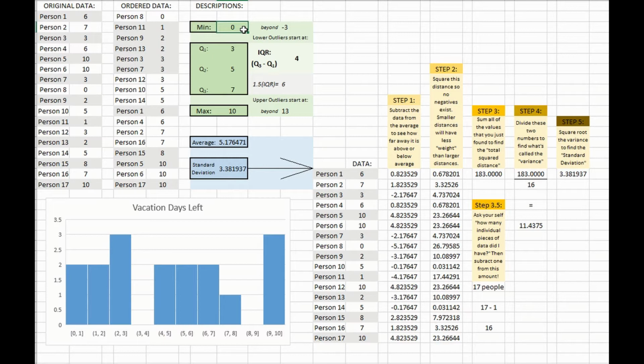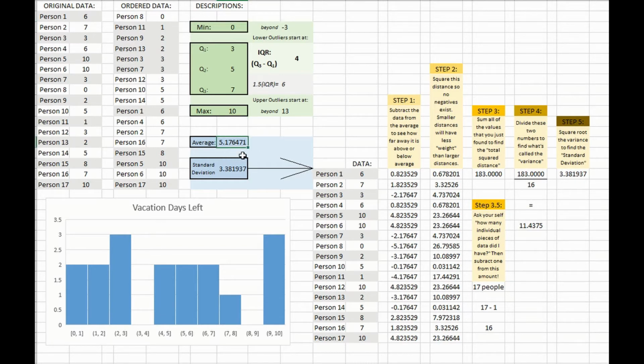They've used all their vacation days. So no outliers on the left and no outliers on the right. This type of description is actually really nice if we have outliers, and I'll show you what I mean here in a second once I compare it to what's in blue.